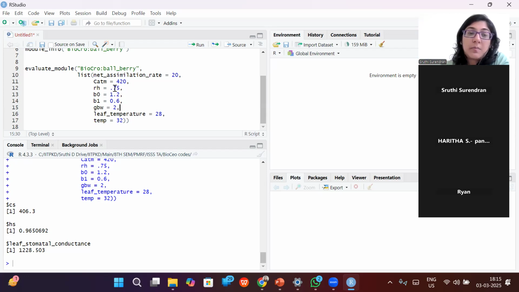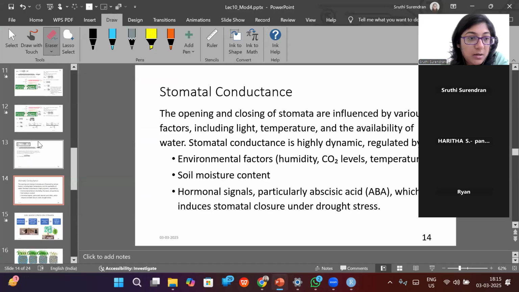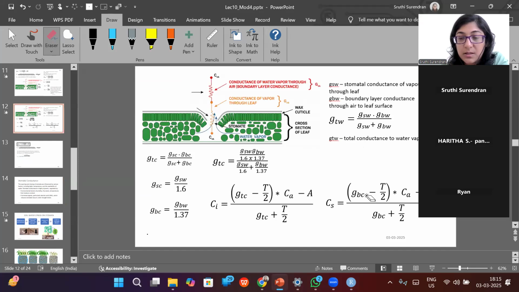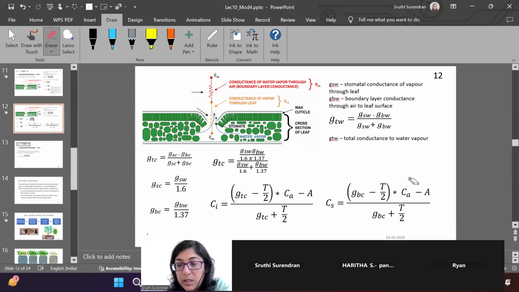So there are a bunch of calculations within this Ballberry model that will help in obtaining the carbon dioxide at the surface of the leaf using this equation, which I had talked about yesterday. Here we know the boundary layer conductance. We also get the transpiration rate. All of these input quantities will be put into this equation and CS will be obtained.